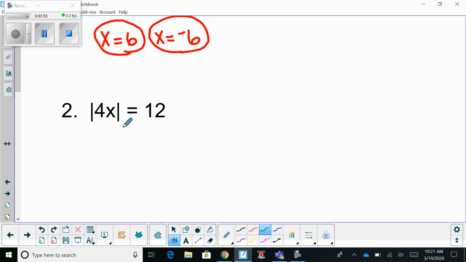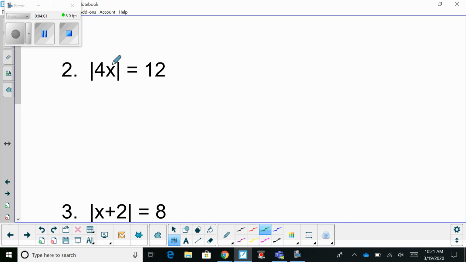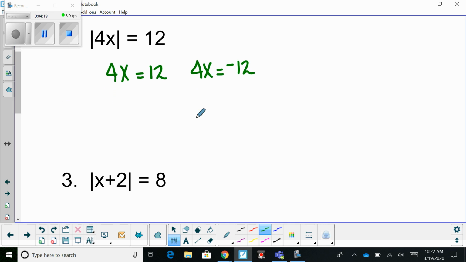On number 2 here, we've got the absolute value of 4x equals 12. The absolute value is already isolated, so I'm going to set the inside of the absolute value bars, 4x equals positive 12 and 4x equals negative 12. Solve both equations.